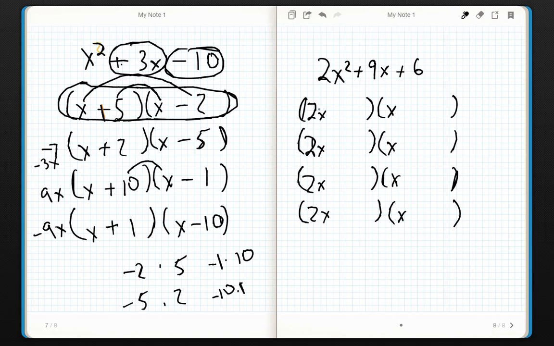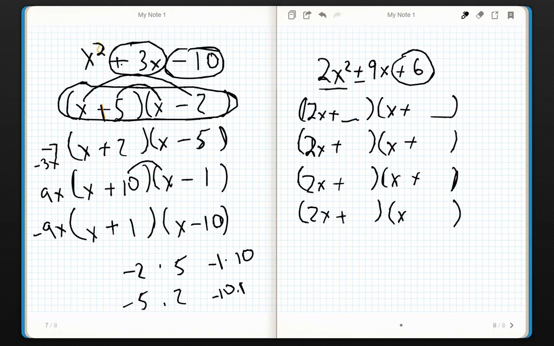So I know that it's 2x times x because there's no other way to build a 2x squared. I know that the signs of these last two terms are the same, and they're both positive because the middle term ends up being positive, and I can't build a positive term with two negative ones. So I know right off the bat that these are all positive.